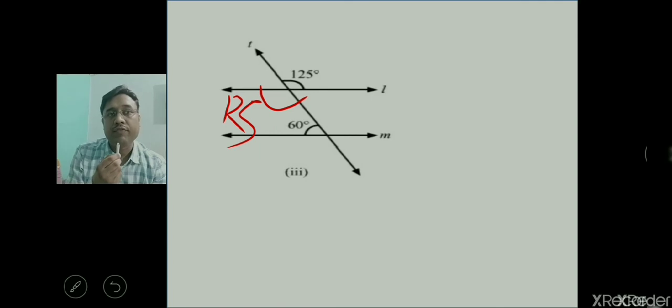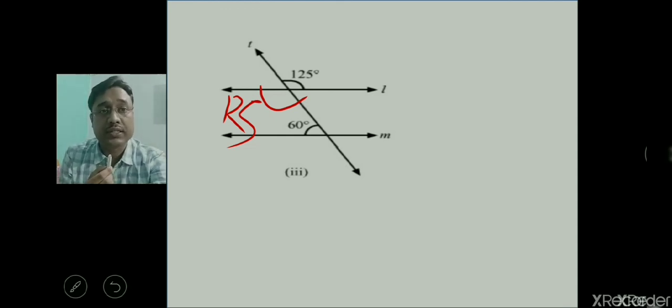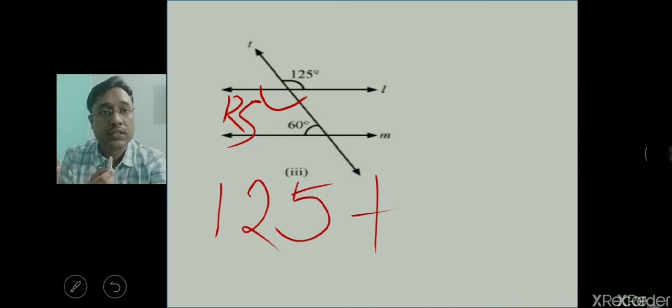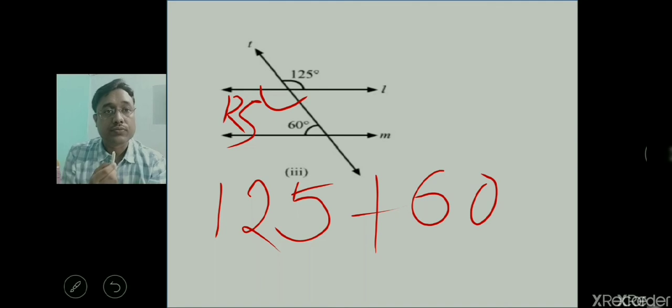Then 125 degrees and 60 degrees are co-interior angles, consecutive interior angles, so their sum should be 180 degrees if L and M are parallel. But their sum will not come to 180. 125 plus 60 will come to 185.